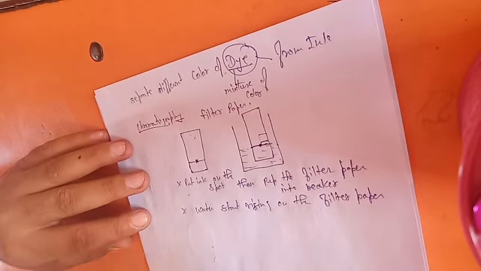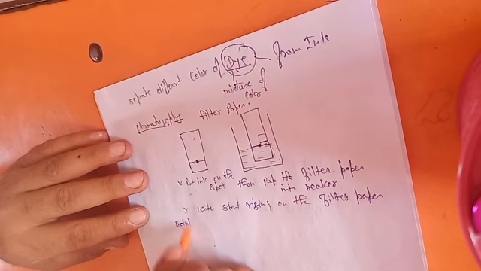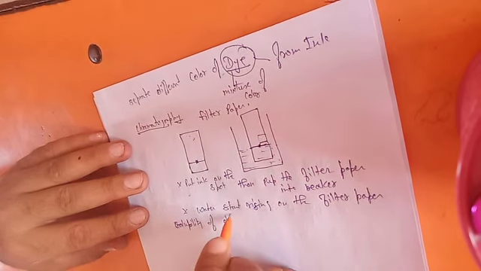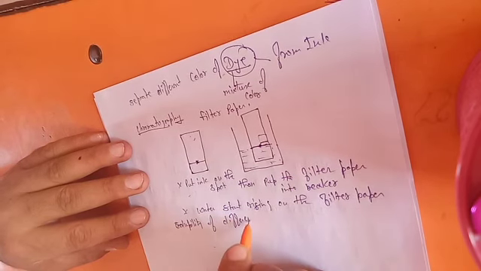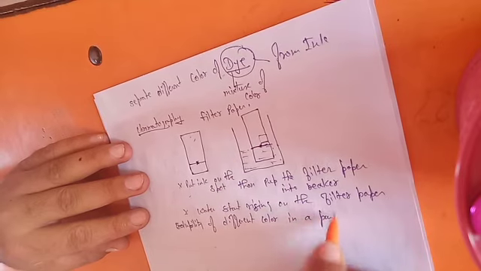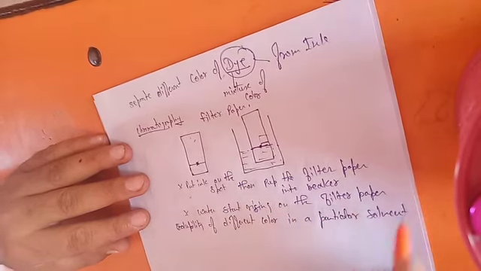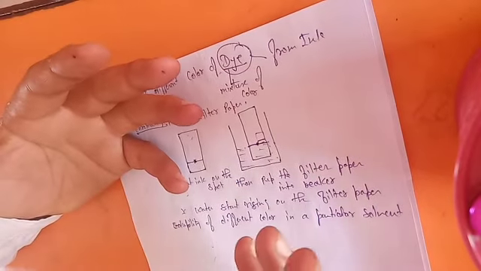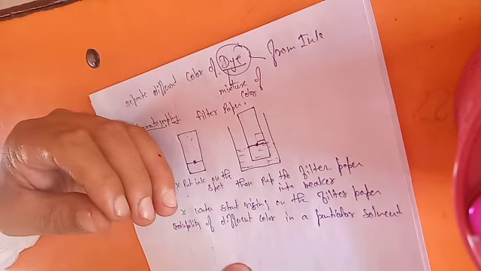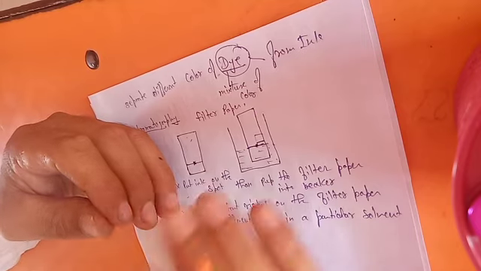So this whole concept is based on the solubility of different colors in a particular solvent. Okay. Different solutes have different solubility in a particular solvent. Meaning to say, both solutes are soluble in that particular solvent, but to a different extent. That's why they can be easily separated.